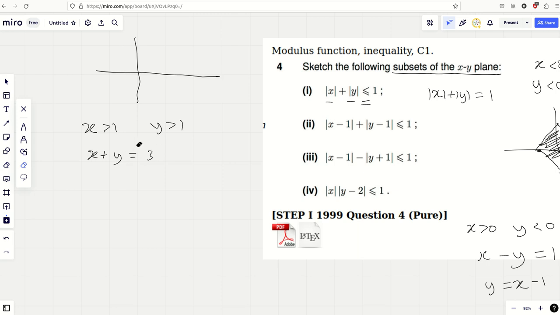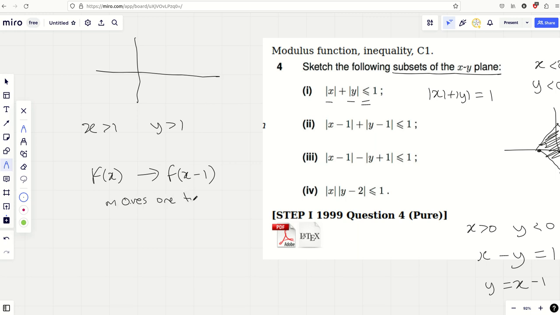I'm saying you could do the whole thing again, but isn't it better to just notice that if f of x ever becomes f of x minus 1, that just moves it 1 to the right? And what's more, if you ever replace y with y minus 1, that moves it 1 up.